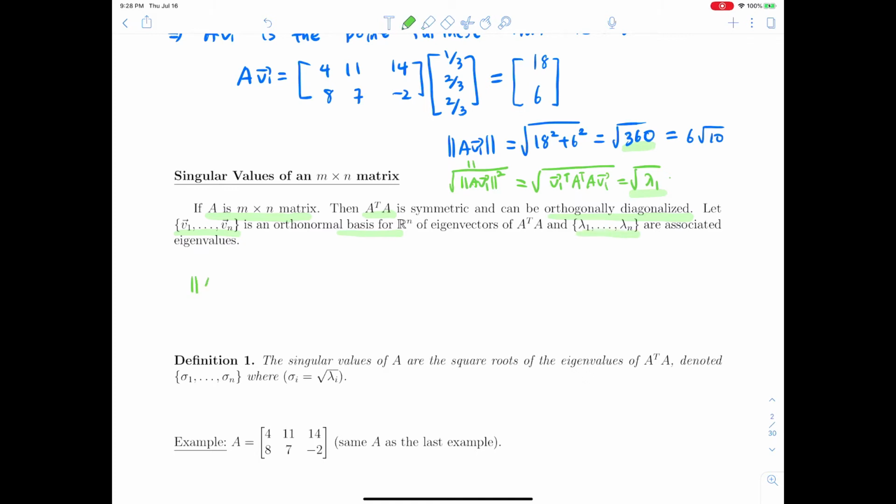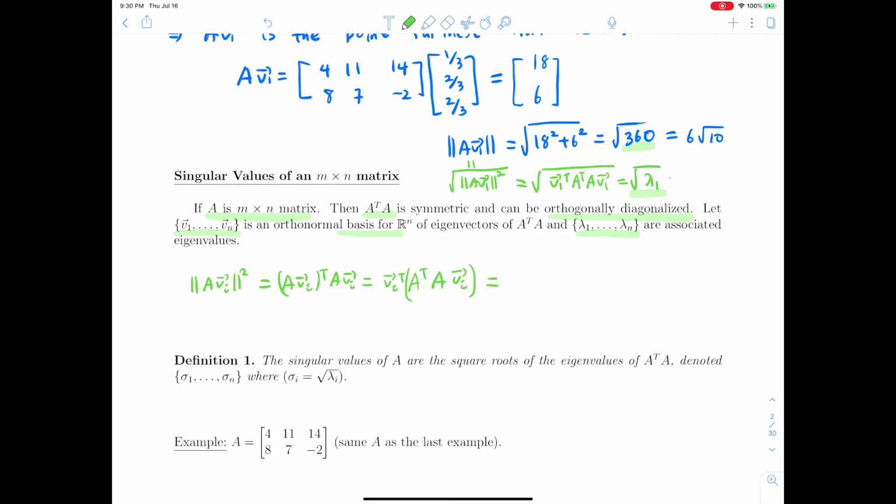Then the magnitude of A times Vi squared is the same as AVi transpose times AVi, or this equals Vi transpose A transpose times AVi. But if you put the parentheses over here, then by the definition of eigenvalues and eigenvectors, we have Vi transpose times lambda times Vi.